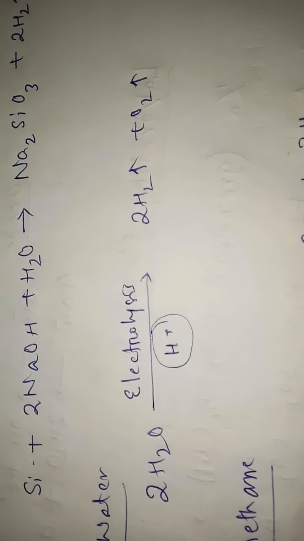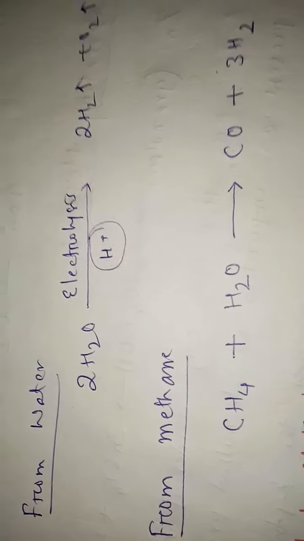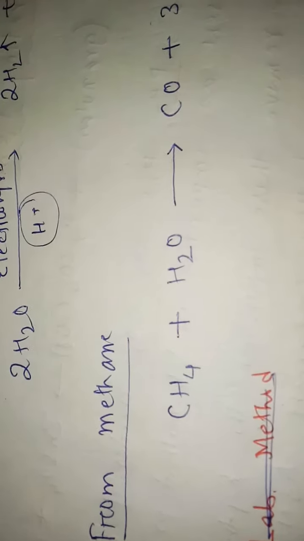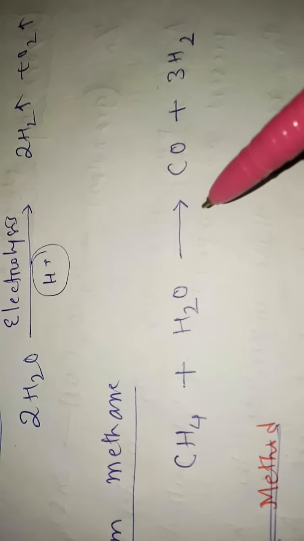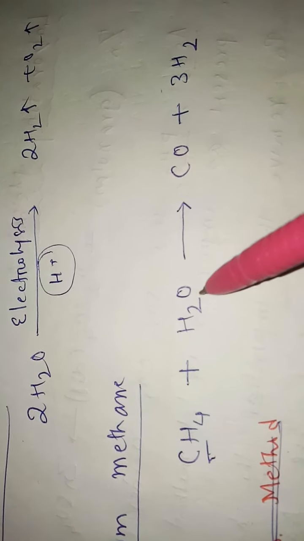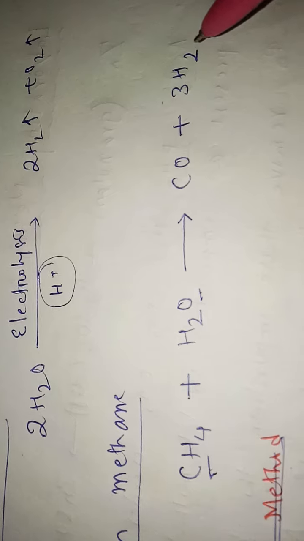Next one is your preparation from methane. We know the formula of methane is CH4, reacting with water. So this carbon takes the oxygen forming carbon monoxide and then hydrogen.